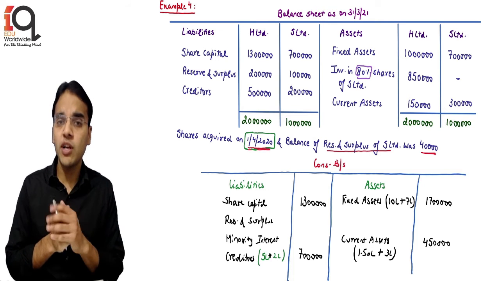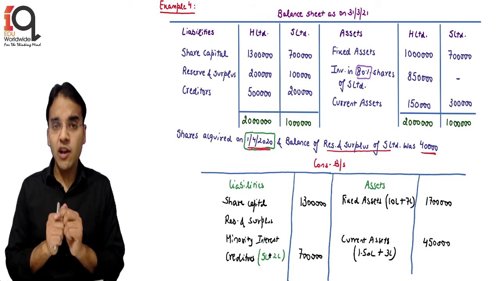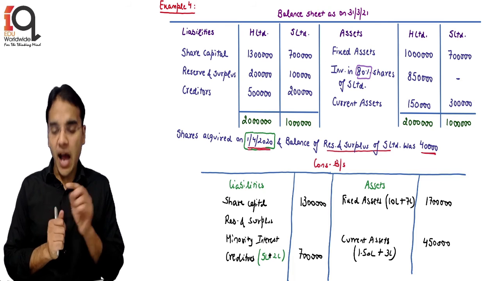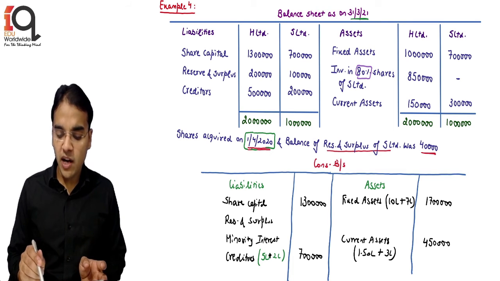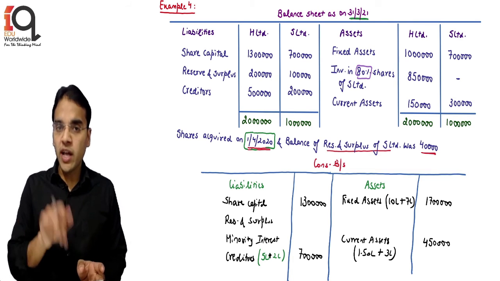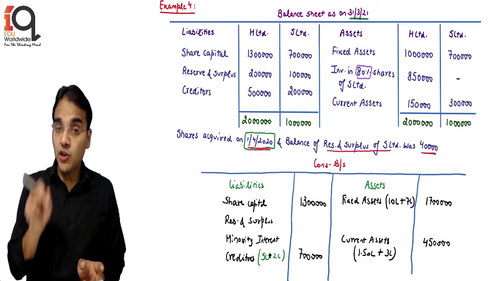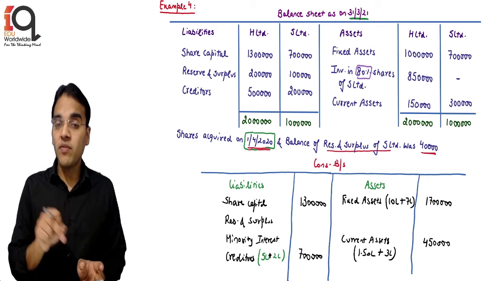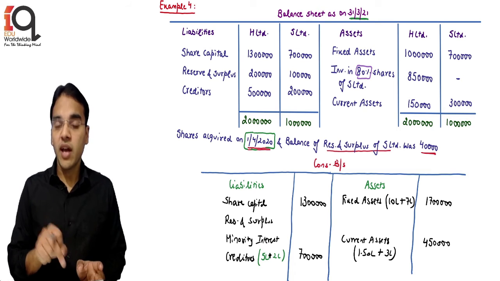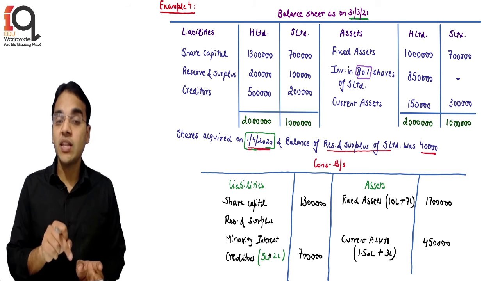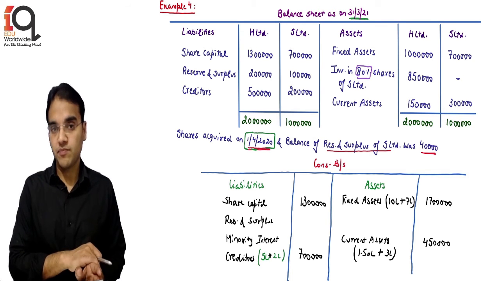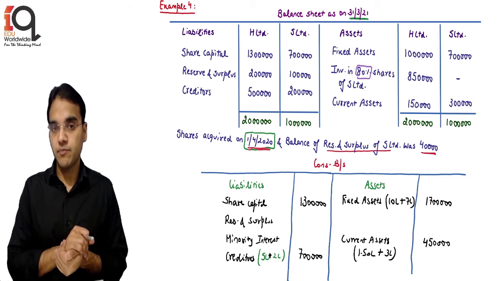The answer is absolutely no, student. Because these values of 7, 3 and 2 lakh are the values as on 31st March 2021 and not as on 1st April 20. I need to know the value of the net assets as on 1st April 20. That means the date of acquisition, student, because the date of acquisition can be any day.